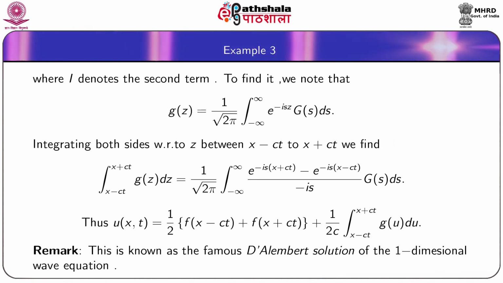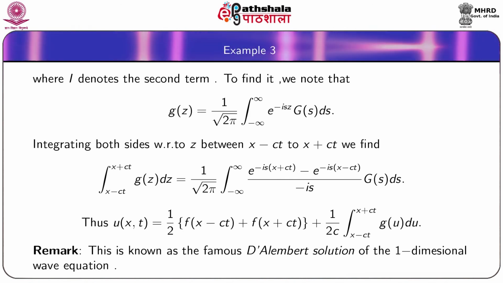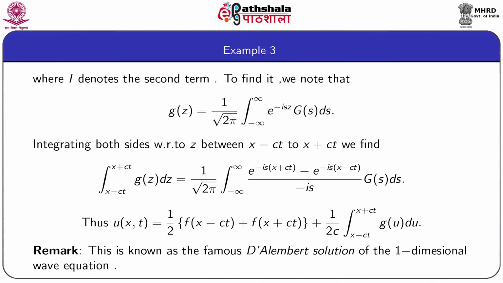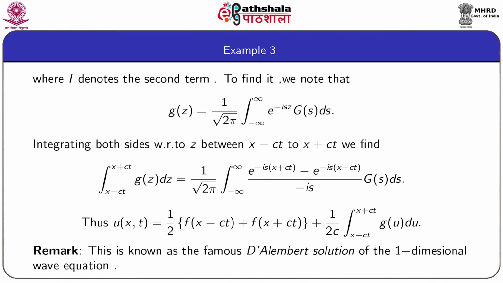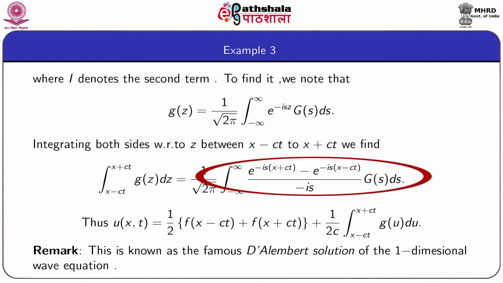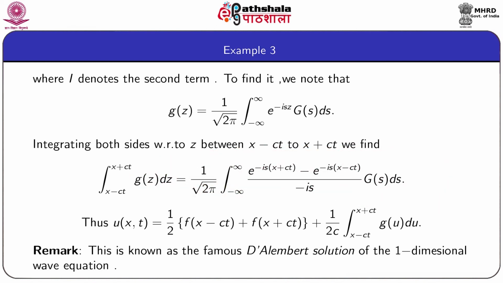Now we integrate both sides with respect to z between the limits x minus ct to x plus ct to find integral x minus ct to x plus ct g(z) dz equal to 1 by root 2 pi integral from minus infinity to plus infinity e to the power minus is (x plus ct) minus e to the power minus is (x minus ct) divided by minus is into G(s) ds.